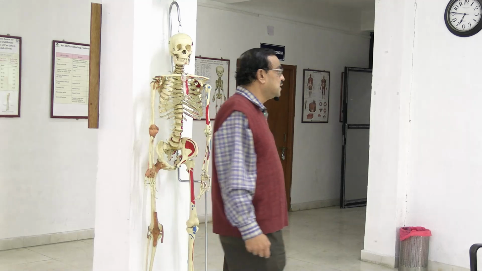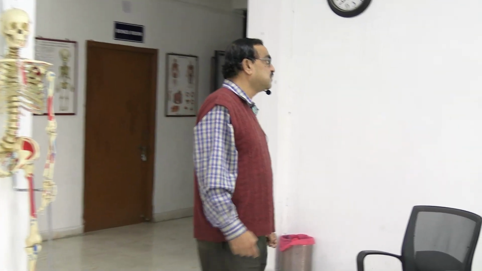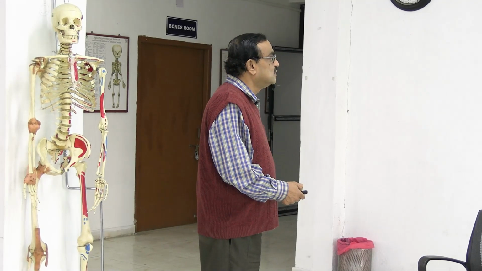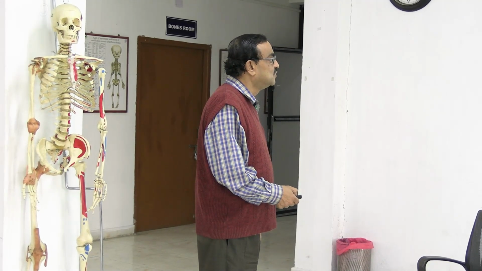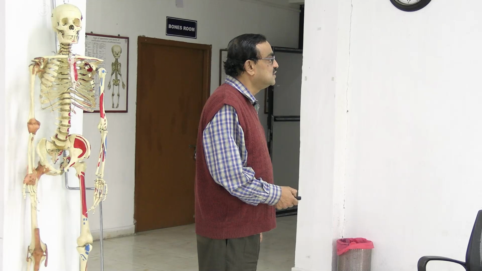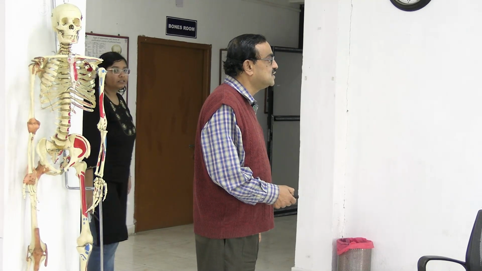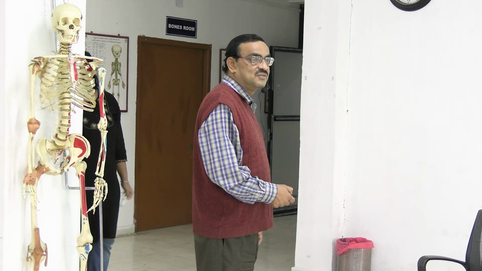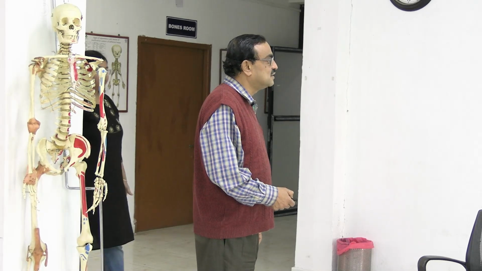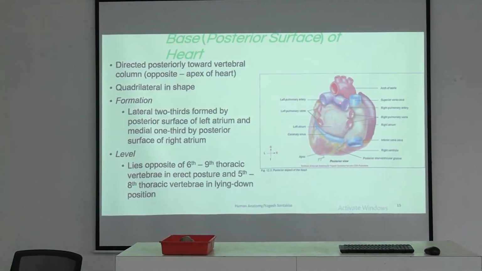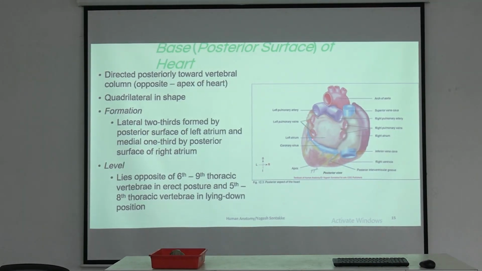And here we can see there are different veins, and these veins look like an inverted J. Superior vena cava, inferior vena cava, superior vena cava, then the pulmonary veins.